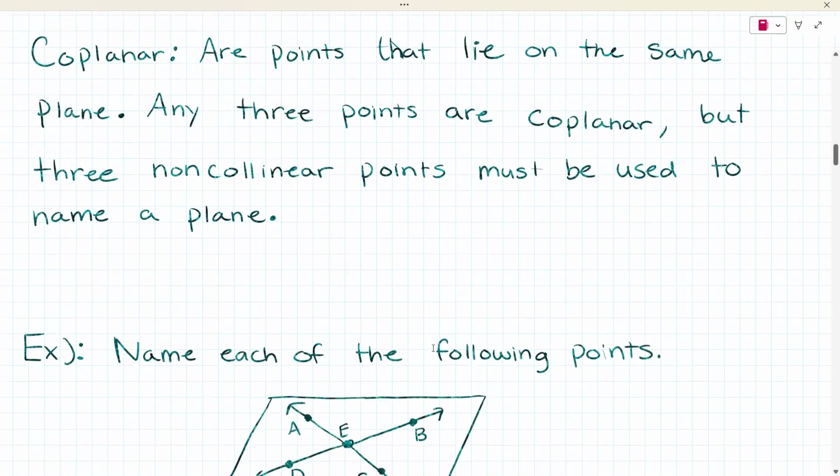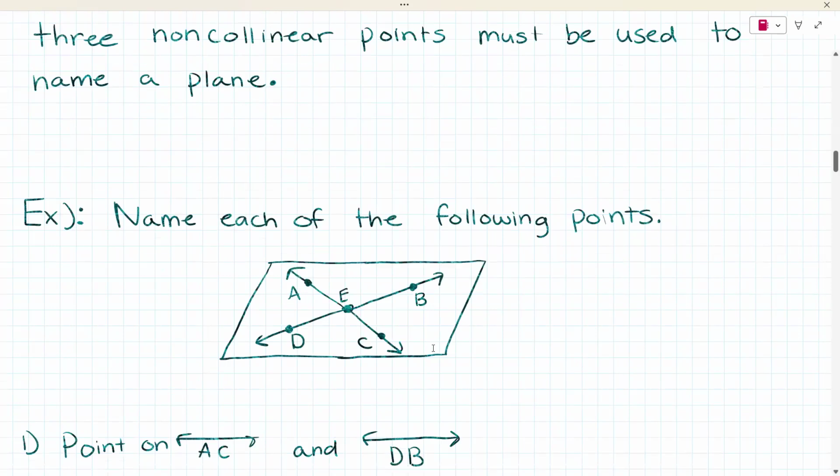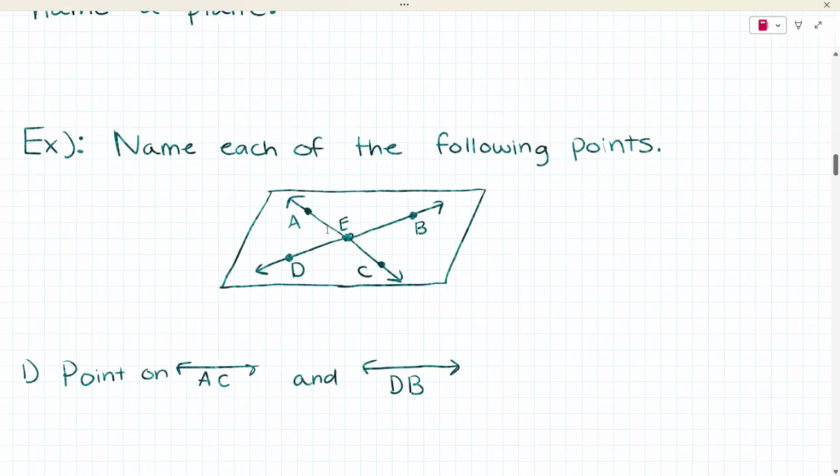Okay, so let's do an example. We went over definitions, so hopefully let's prove it. Example one: name each of the following points. We have line AC.